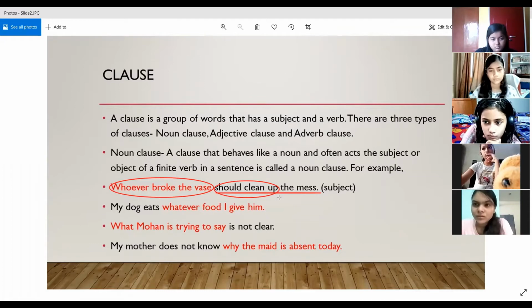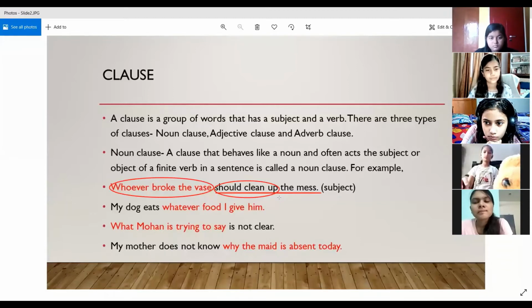If you consider the big sentence first, then whoever broke the vase is the subject, the noun part of the sentence. Should clean up is the verb part of the sentence, and the mess part is further, you can say, the complement. It is attached after that. So this is the whole sentence.